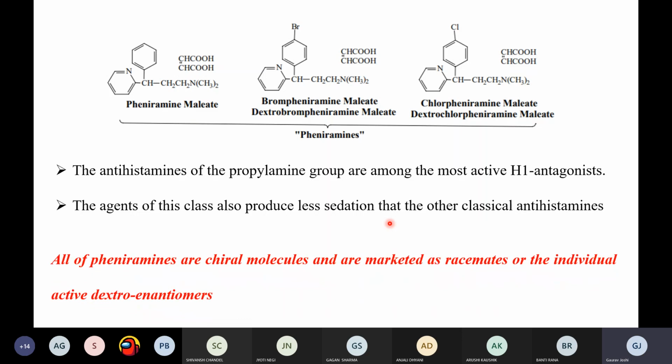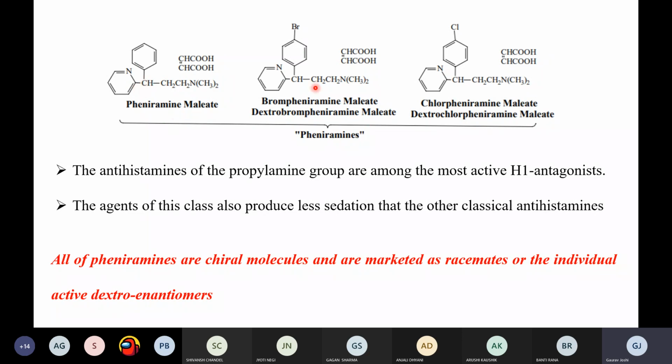Now we have already discussed that all the pheniramines are chiral molecules and are marketed as racemates or individual active dextro enantiomers. Why is that? Basically, pheniramines have X equal to carbon, and if we have a carbon here with two different substitutions and a hydrogen here and a different substitution here, this carbon will act as a chiral center, right?